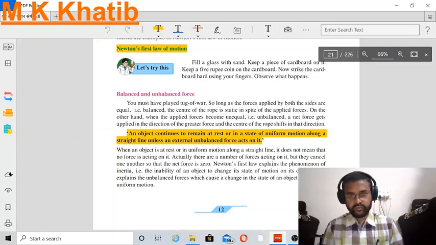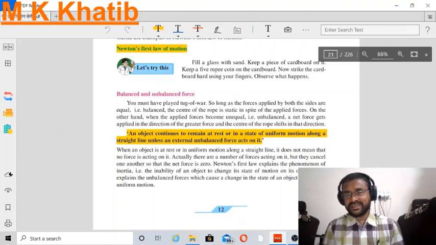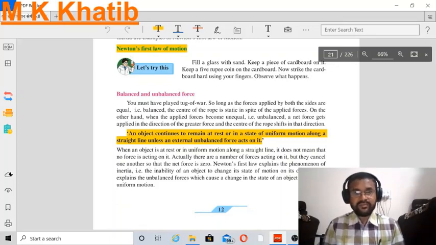In this way, Newton's first law also explains the phenomenon of inertia, that is, the inability of the object to change its state of motion on its own. It also explains the unbalanced force, which causes a change in the state of an object at rest or in uniform motion.